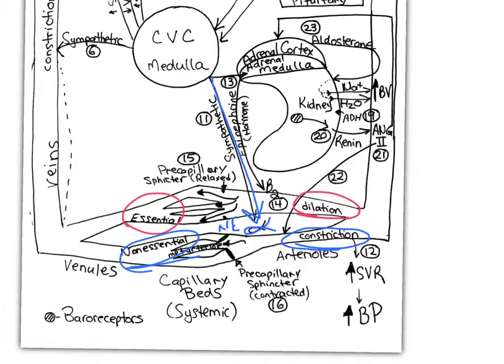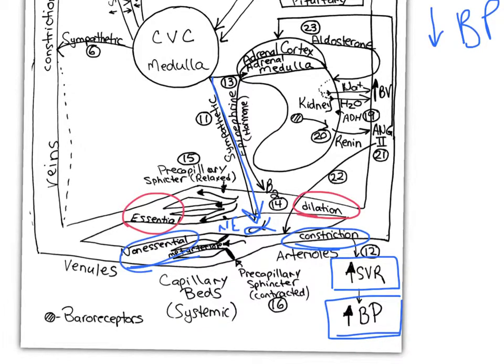This is then going to increase the systemic vascular resistance and therefore increase blood pressure. Remembering that this overall scheme is in response to a decrease in blood pressure, or you can think of in the fight response, you want to increase blood pressure.